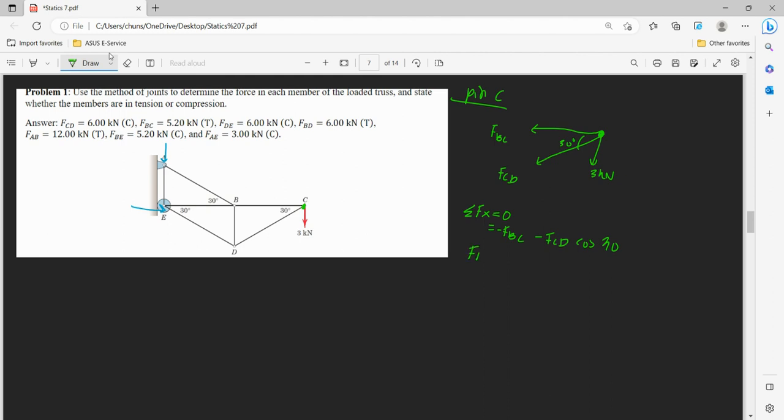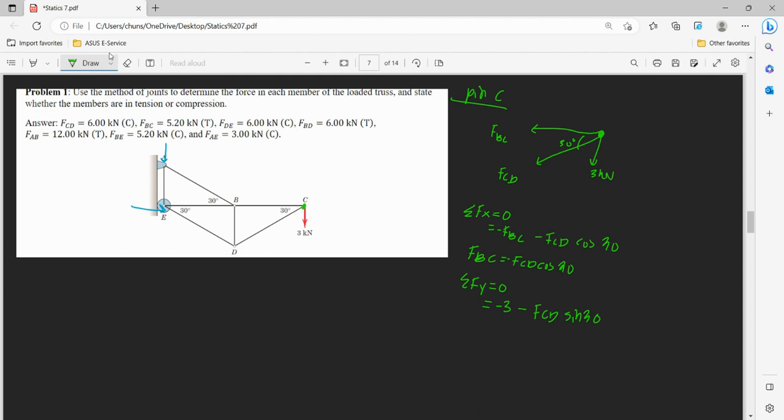So FBC is equal to negative FCD cos 30. And in our downward direction, we have Fy equal to 0. So this is negative 3 kilonewtons, minus the y component, which is in our downward direction again, so FCD sine 30.